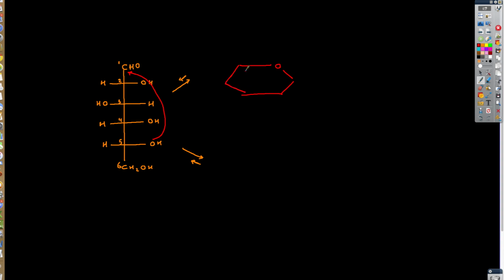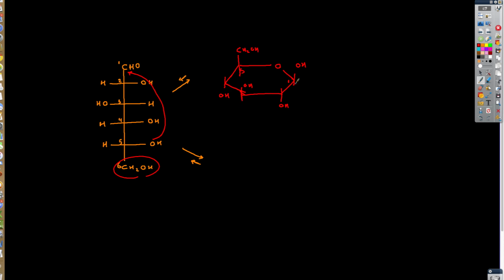And this is your carbon number 5, and this is your carbon number 1. On carbon number 5, we have CH2OH, so it shows up here. Of course, there is a hydrogen here. Then on all of these attachments, this is what you have, the OHs.